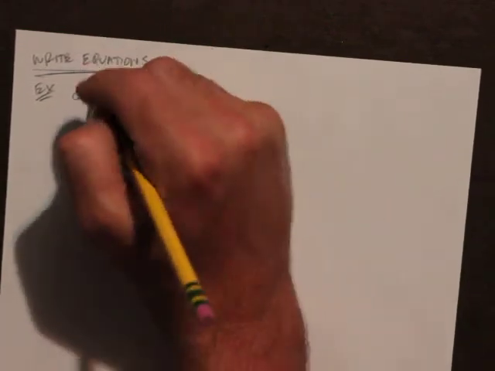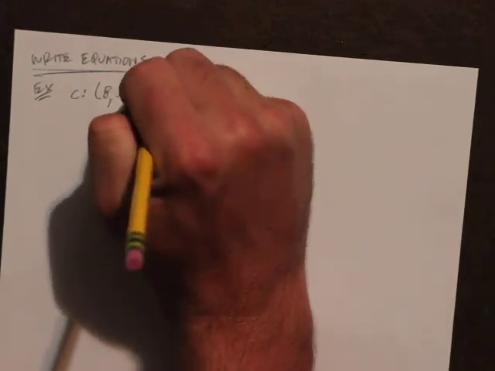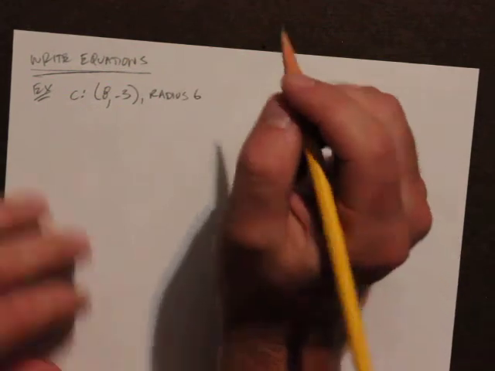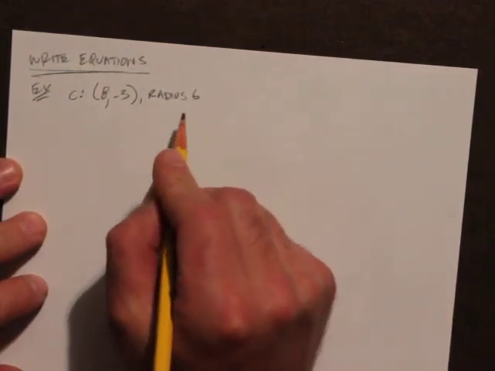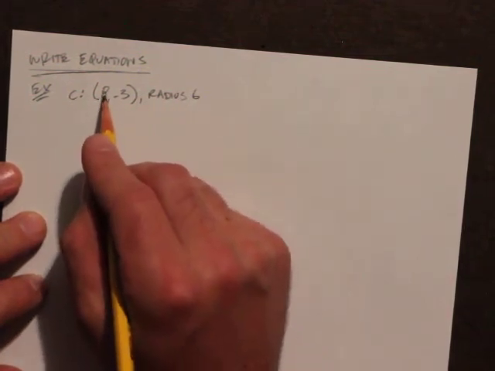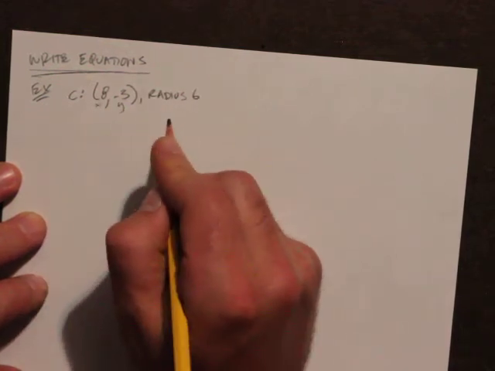Your center is 8, -3, and your radius is 6. Okay, so for this one, I think this one is going to be easy to do without graphing. So let's just kind of talk through it. So my center is 8, -3. So the 8 goes with the x, the -3 goes with the y.